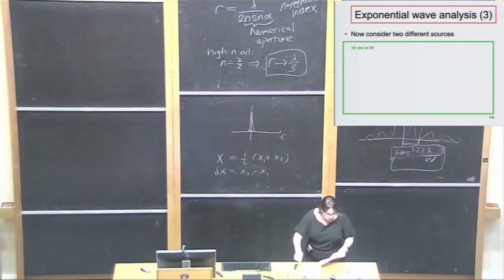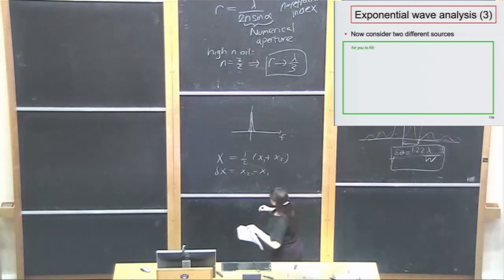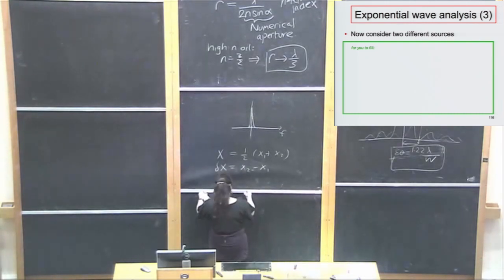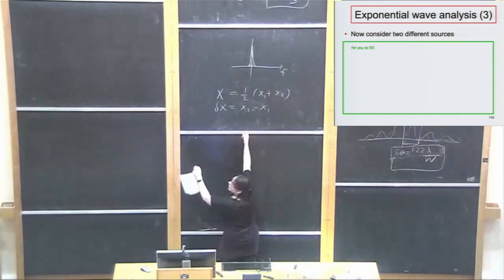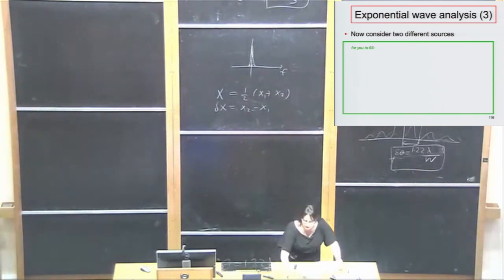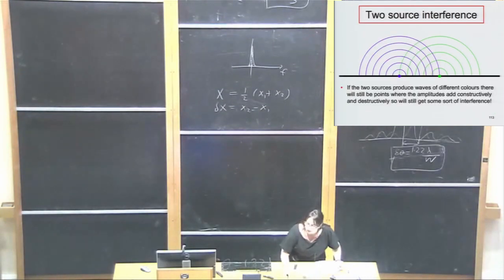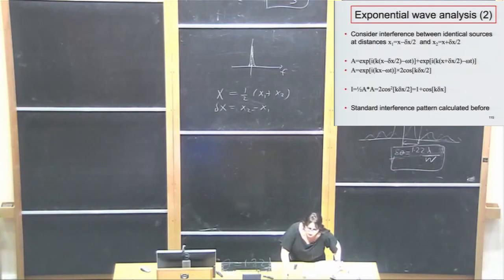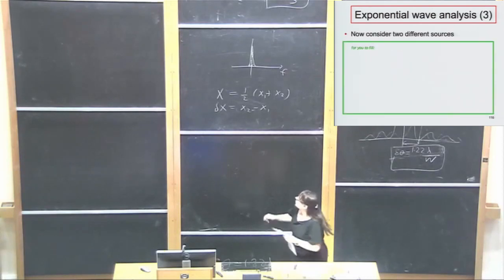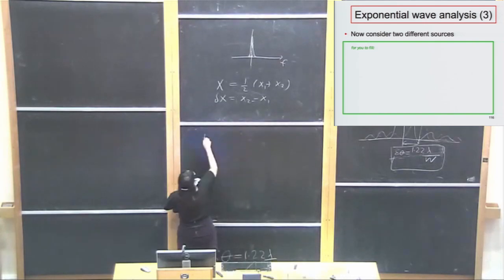So now what we're going to do is the same thing, but not assume that k and omega are the same, i.e. we're going to calculate what happens for that situation. Okay, so this is what to put in the box.